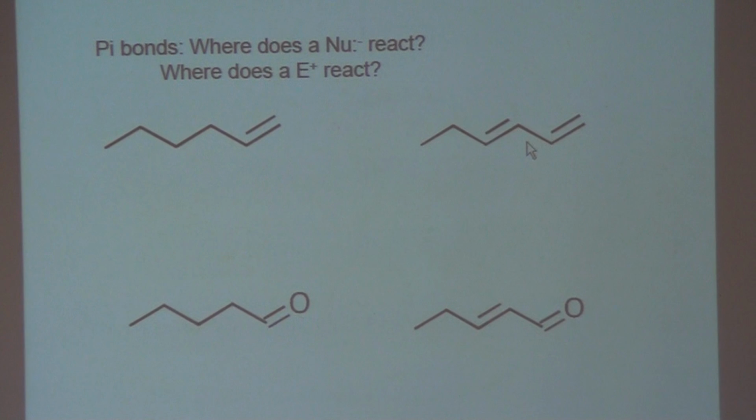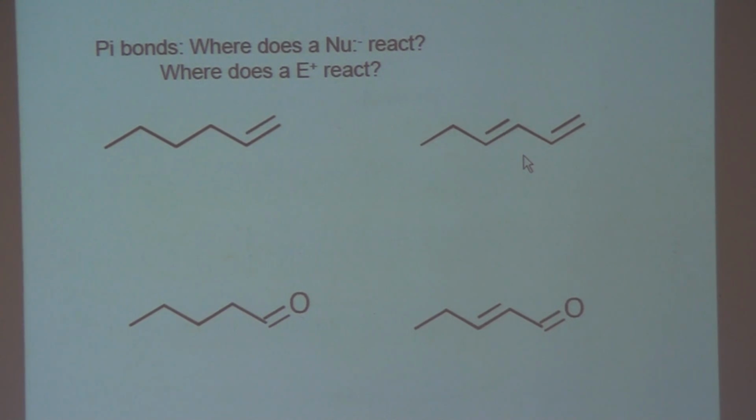So we have a conjugated diene here, and does this react with a nucleophile? Nope. What if you added a nucleophile to one end and made the pi electrons move? During resonance?